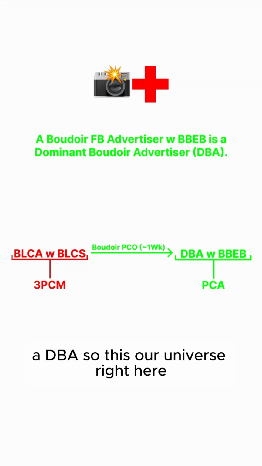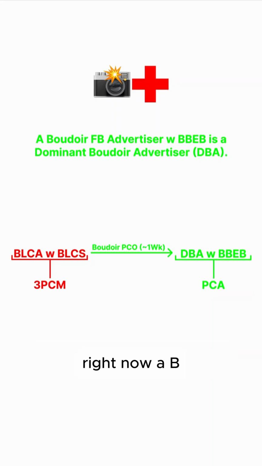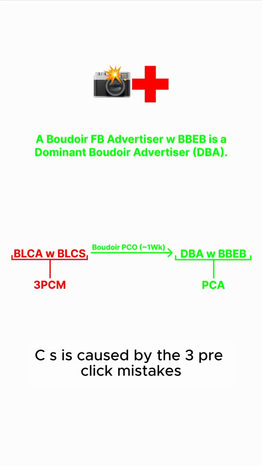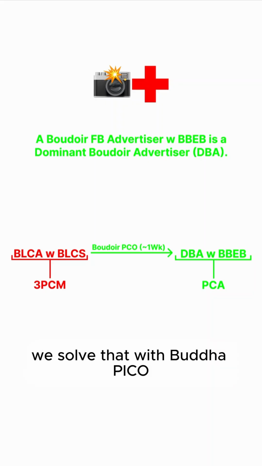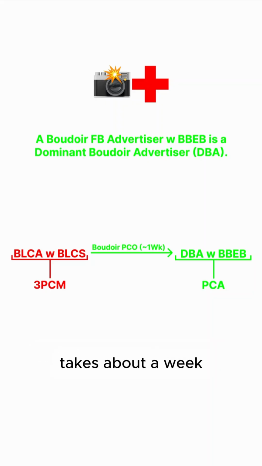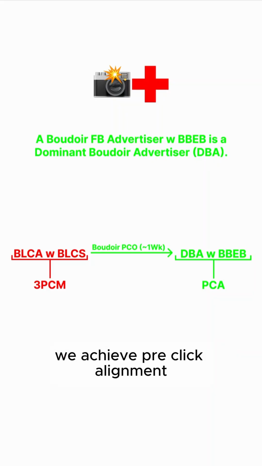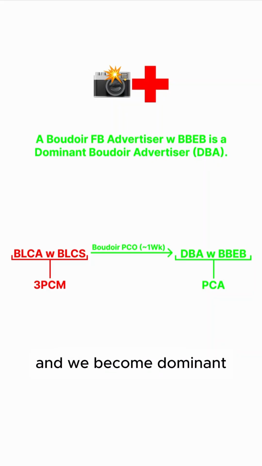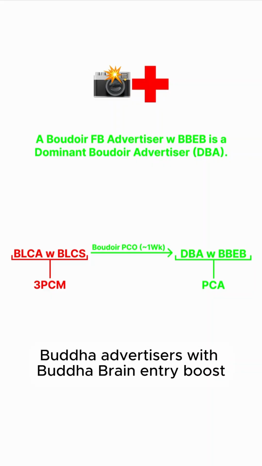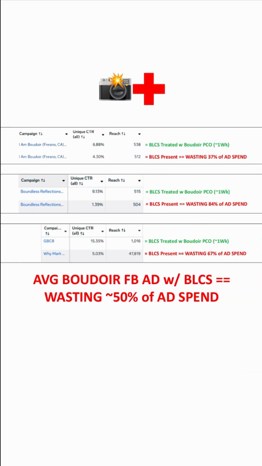So this is our universe right now: a BLCA with BLCS is caused by the 3 pre-click mistakes. We solve that with Boudoir Pico. It takes about a week. We achieve pre-click alignment and become dominant Boudoir advertisers with Boudoir brain entry boost.